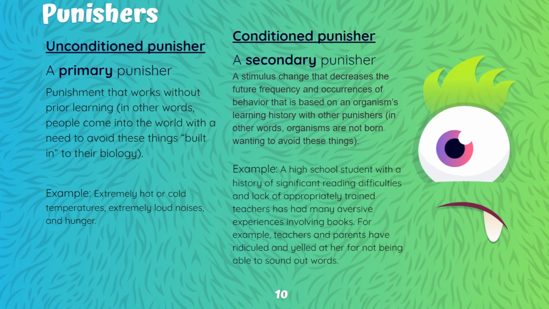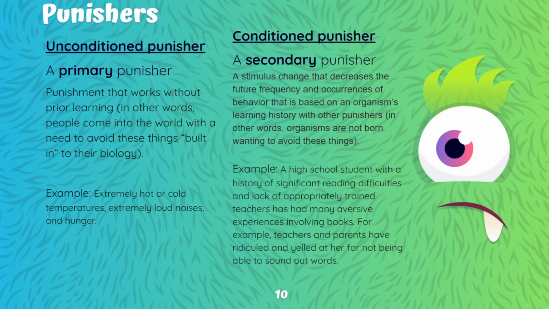Next we have punishers. We have unconditioned and conditioned punishers. An unconditioned punisher, also called a primary punisher, describes a punishment that works without prior learning. In other words, people come into the world with a need to avoid these things built into their biology.